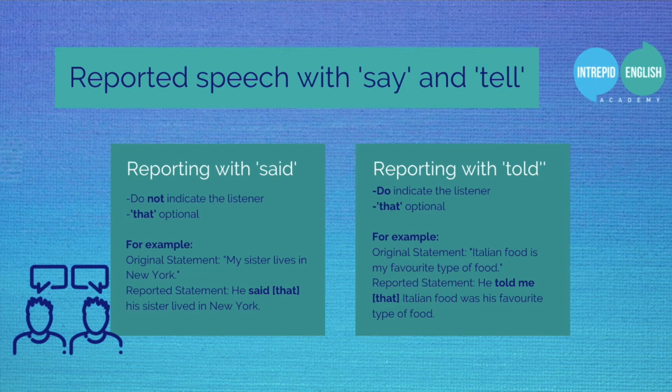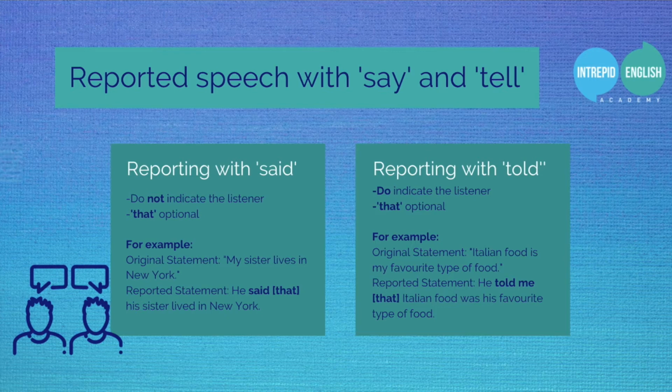The reported statement would be, he told me that Italian food was his favourite type of food. Again, you don't need to say that. It works perfectly well without that. I hope you can see here in the say example sentence, he's just saying it. We don't know who he's talking to. But when we say tell, we want to know who he's talking to. In this case, it's me. He told me that Italian food was his favourite type of food.